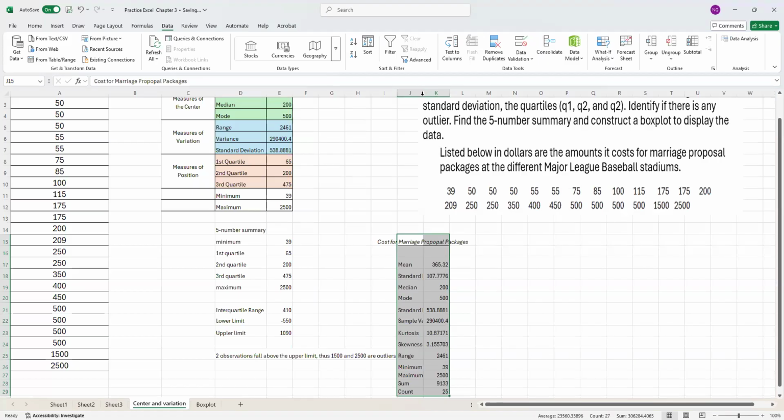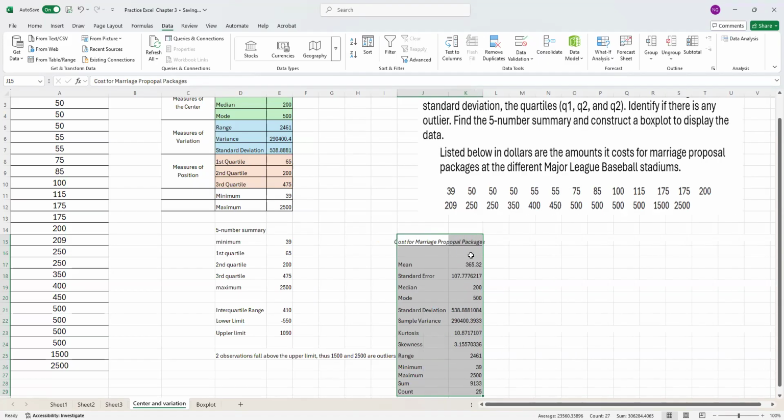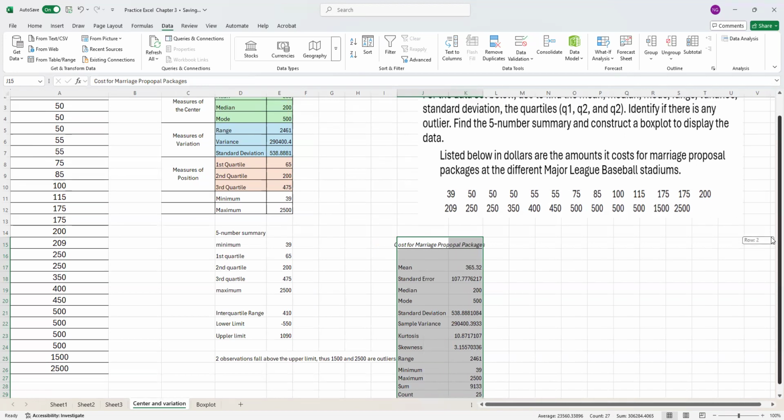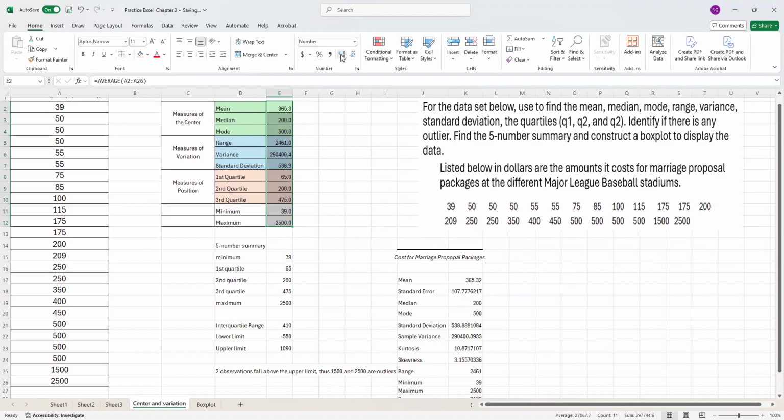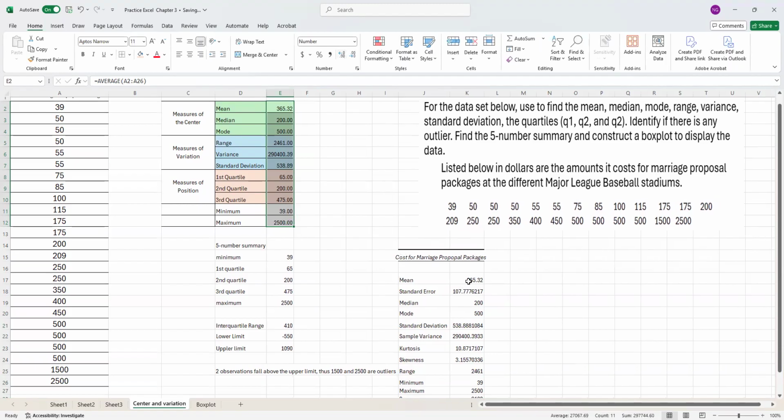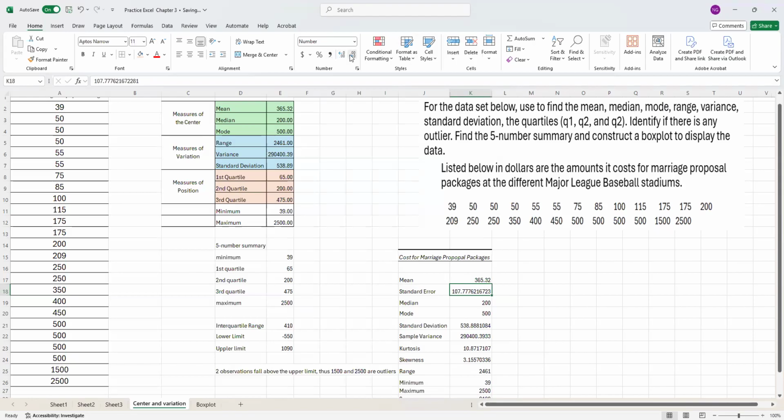So this is what we're gonna have so far for this data set. I think we can put this into two decimal places also so you can see how that's worked. Two decimal places. You see the mean is the same. The standard deviation, of course, has too many digits. I can put it at only two also.